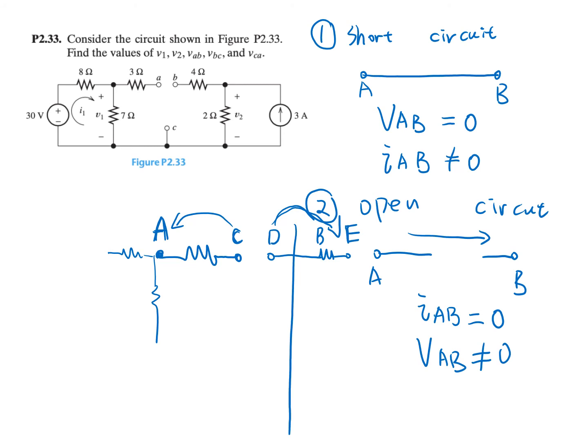The reason is that no current flows through here, so there's no voltage drop, so we have VC equal to VA, and VD equal to VE.